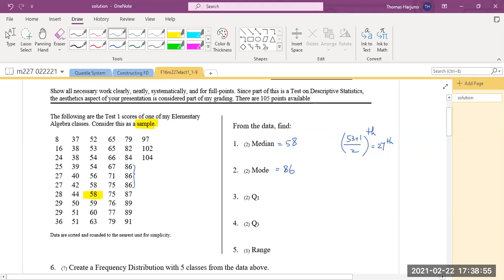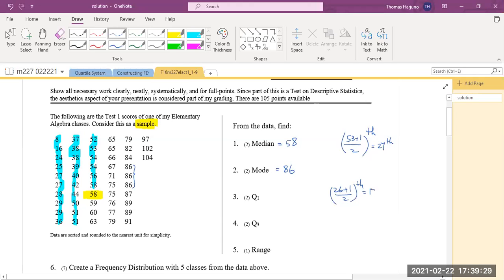The third, what is the first quartile? Now notice that data number 27 is the median, right? This is the median. So the lower half is everything up to this 58. So there are 26 data points in the lower half. 26 data points plus 1 over 2 gives us the position.